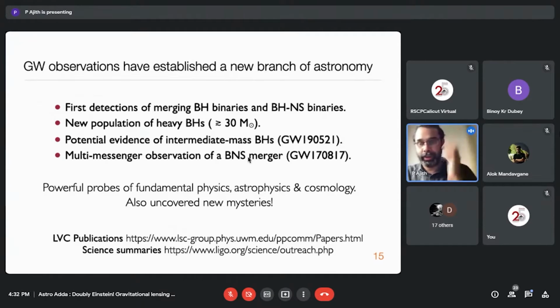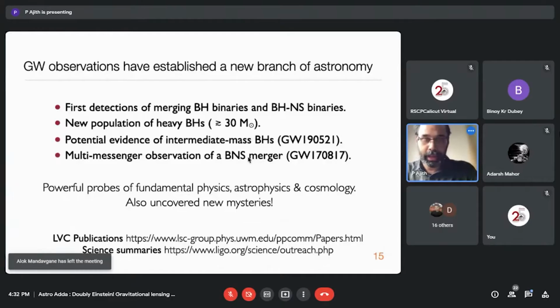We had no direct way of observing these until now. These observations also have uncovered a new population of heavy black holes. I told you that most of the black holes detected from our own galaxy have fairly low masses, of the order of 10 solar masses, while most black holes that LIGO and Virgo have seen are much more massive, about 30 solar masses or so.